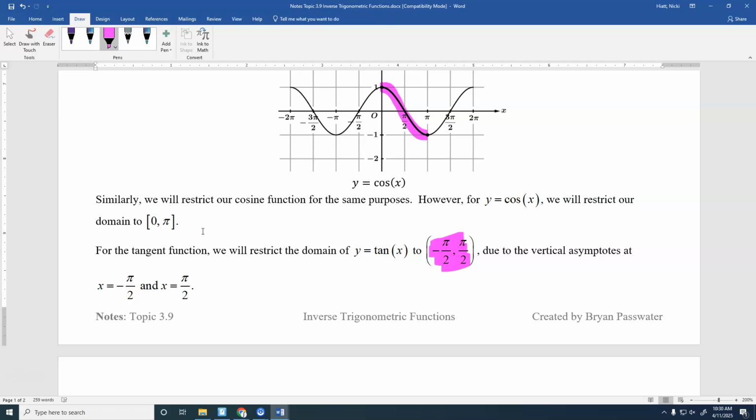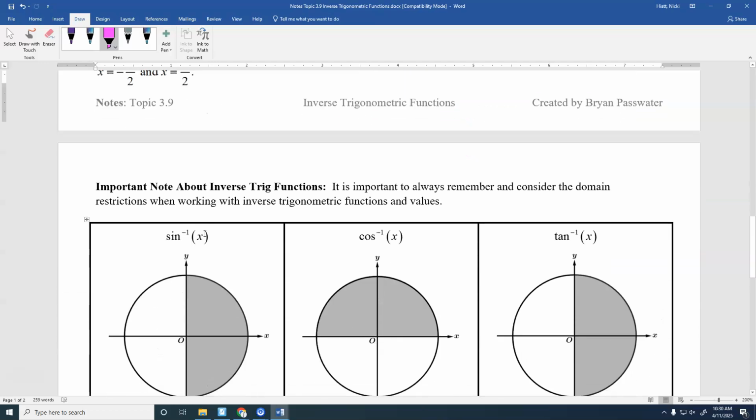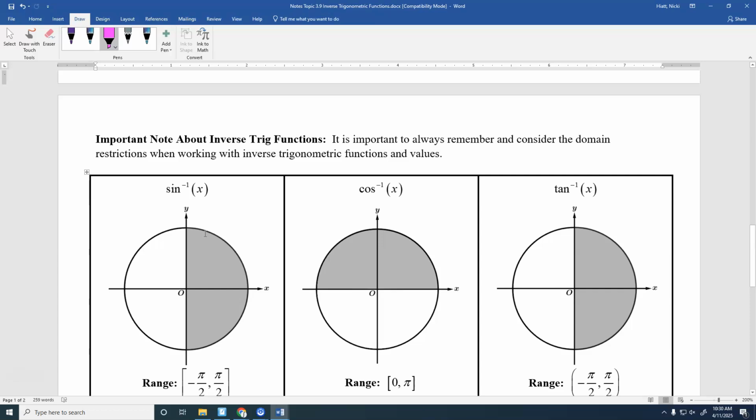So sine and tangent, sometimes these are called principal values. I should write that down, because when we get to solve an equation, sometimes it might say to solve for principal values. So these are our principal values here.